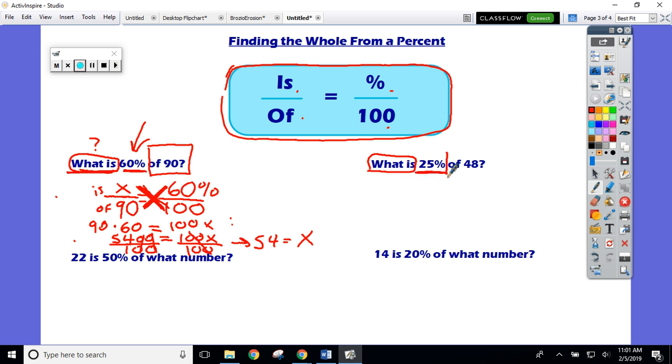25% of 48. I'll set up my proportion. I'll try to give myself a little bit more room. 100 is always on the bottom right. 25%. The percent is always top right above the 100. Of 48. This part over here is over of.